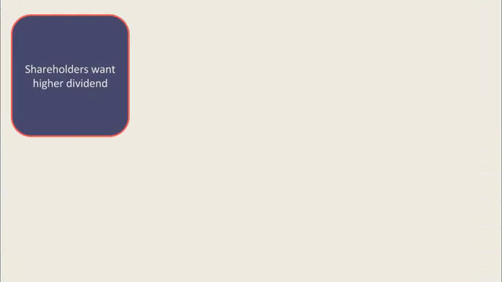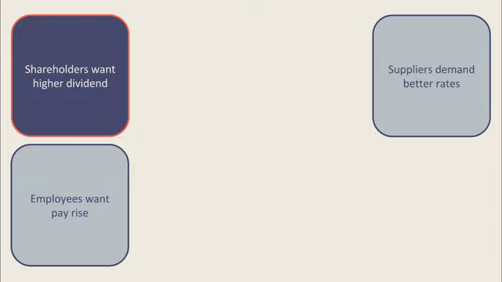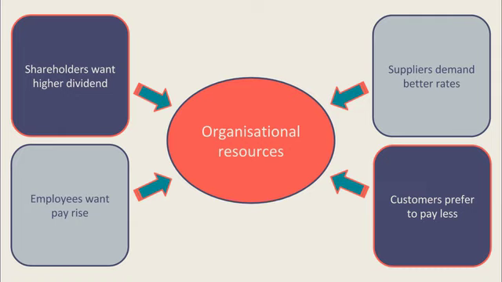For example, shareholders may want a higher dividend and employees may want a pay rise. Suppliers may like to be paid more for the goods they supply, and customers would prefer to pay less. All these put a strain on the organisation's resources, and it's unlikely they can all be optimised. Compromises need to be made and priorities need to be set.